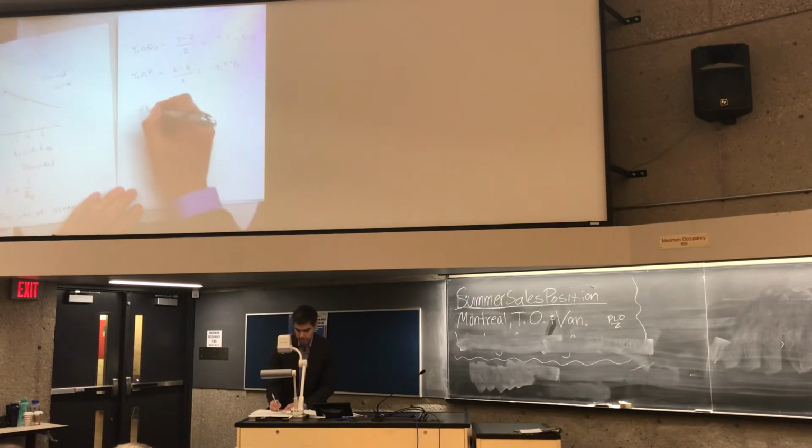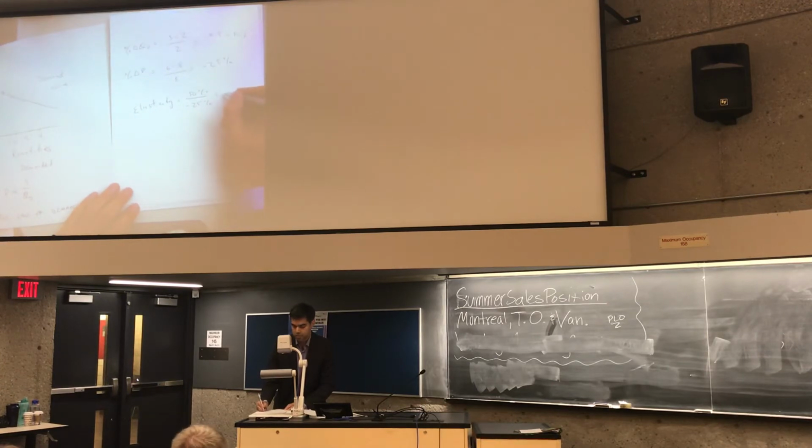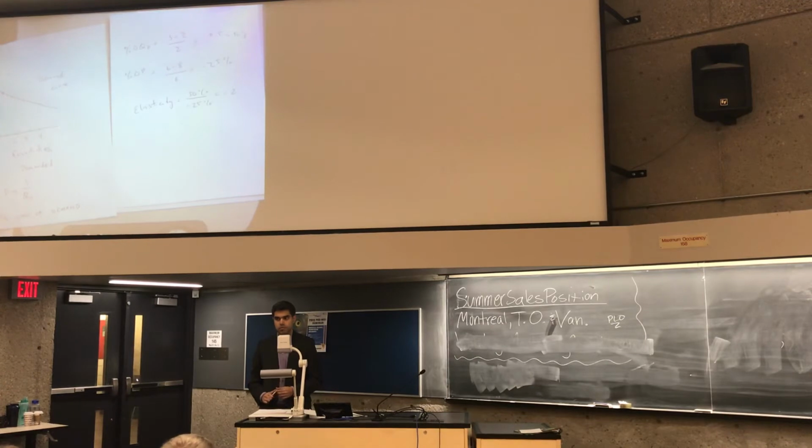So elasticity is 50% over minus 25%, which is negative 2. The bigger the gap, the bigger the elasticity, up until you get to the very center of the curve.